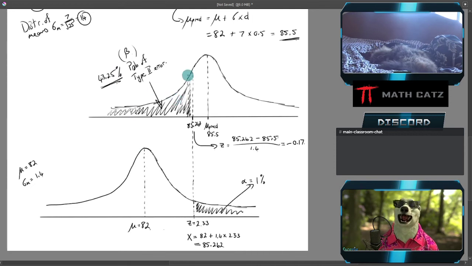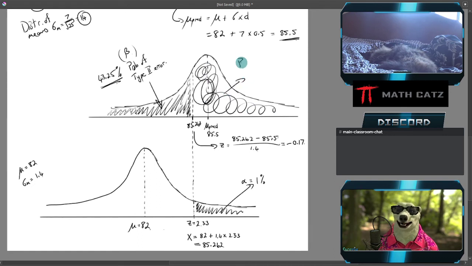The power is just the rest of it, which is going to be 100% minus beta if I'm working in percentages.